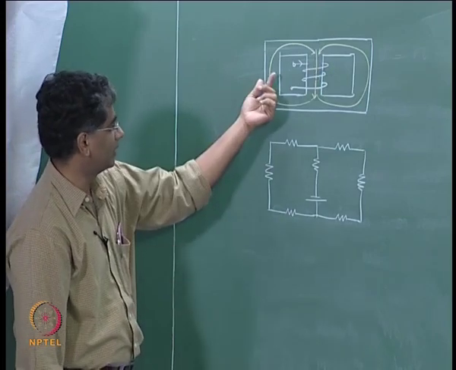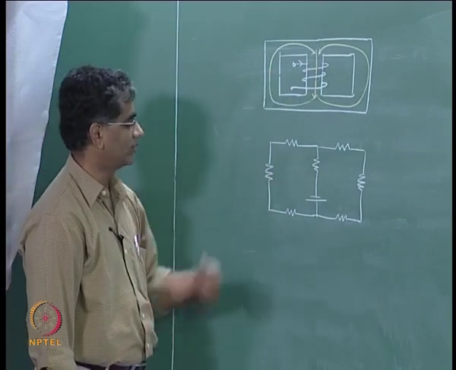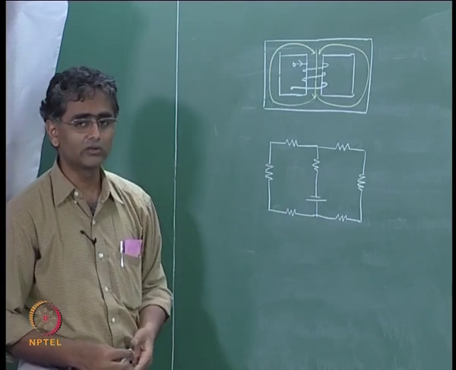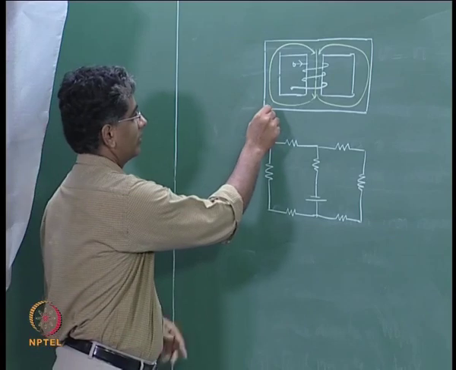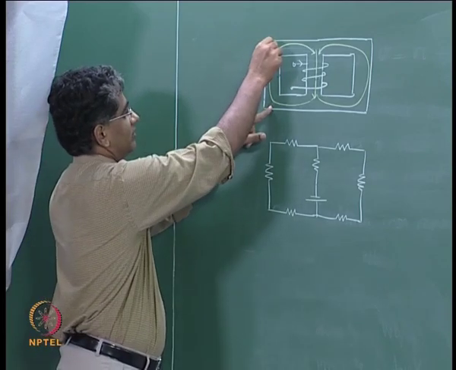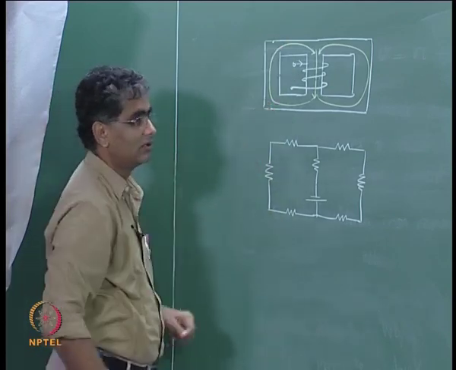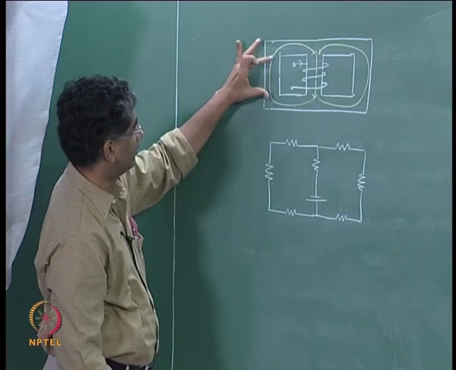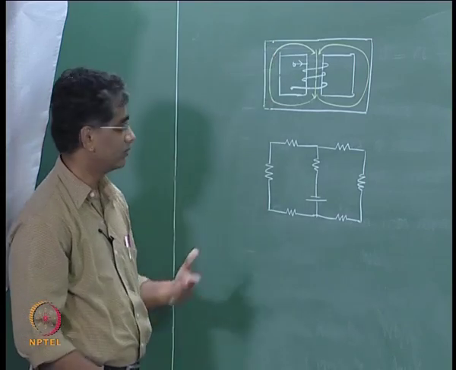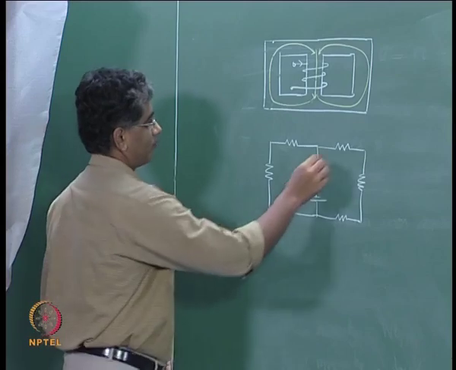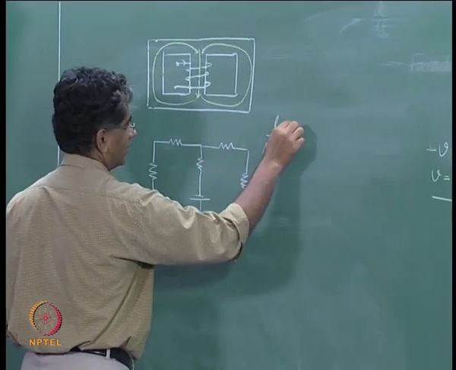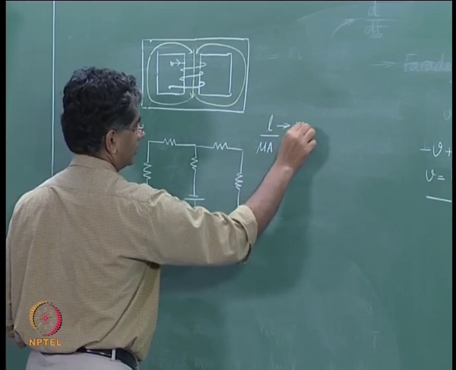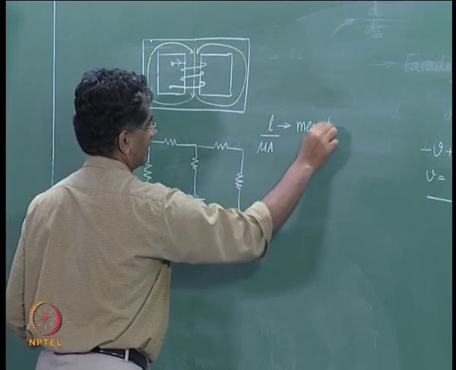So appropriately one has to find out what this is, and then the next issue that arises is what length do you take, because this limb extends all the way from there to there. So do you take that length or do you take only this length? When we say length in L by mu A, the length is normally taken to be the mean length.